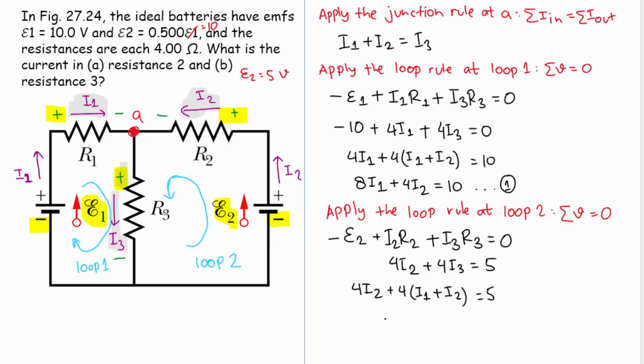And if we simplify this, I will have 4I1 and then plus 8I2. Good, all of that will equal to 5, and let's save this as equation number 2. What we need to solve is equation number 1 and number 2. Okay, let's clean up our slide and solve the equation.